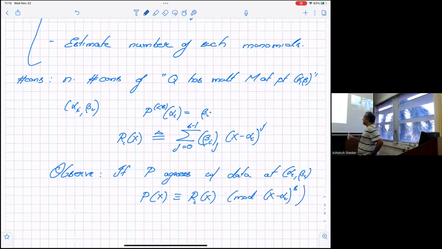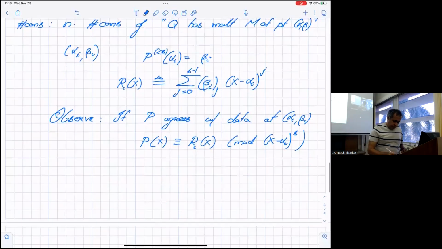That's basically what it means. P and Ri of x agree in the first lower order s minus 1 coefficients. This is the same thing as saying that these are the right derivatives. This is an important thing to keep in mind.